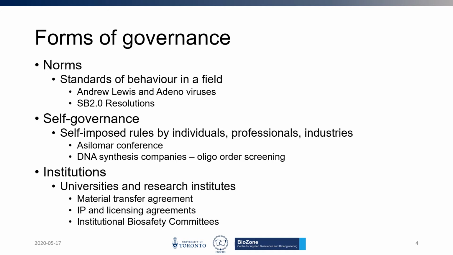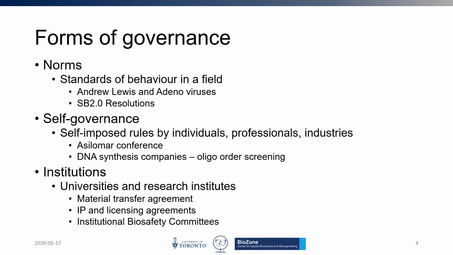At the time, that was a very novel technology, and people were concerned about it being used to cause different types of cancers in animals and humans. So Andrew Lewis had himself created norms. He had a very stringent vetting process with regards to whom he shared his technology and his research with.